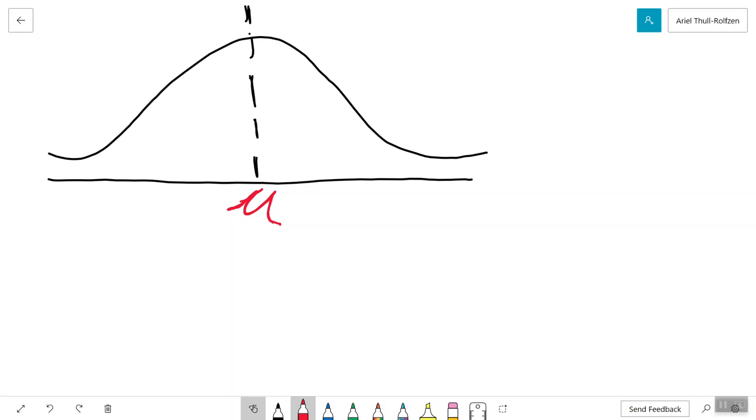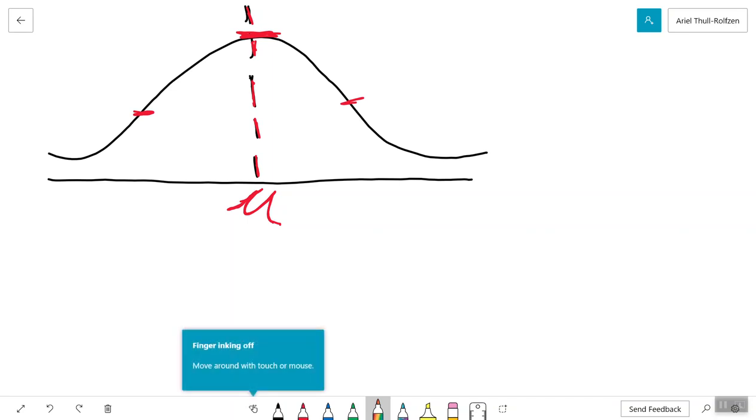That's going to be where most of our data is. So it makes sense, it's very logical, to put the mean at the highest point of our bell curve, because that's where most of the data is. It wouldn't make sense to put our mean over here or over here, because that's not where most of our data is. So our mean is our highest point in our bell curve.